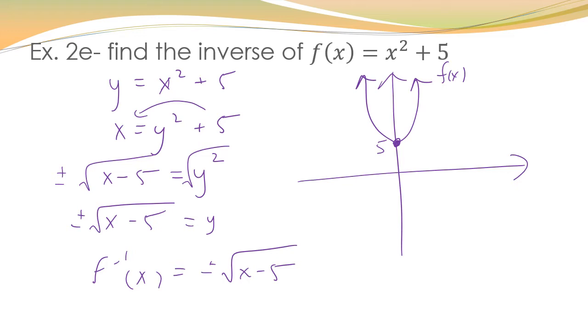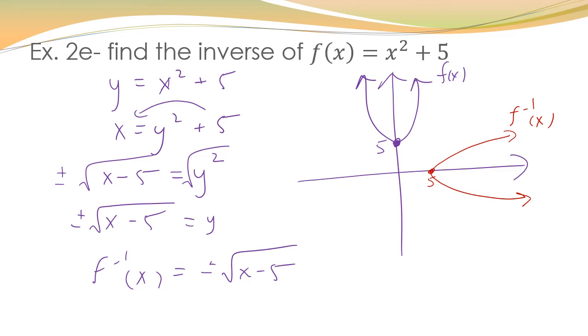And that would be shifted to the right 5. And we got a plus version of that, so just a normal root function. But then we also got the minus, and that's like a negative a value, which means reflected in the x-axis, like that. And so there's our f inverse of x.